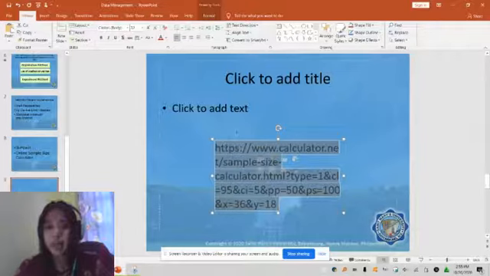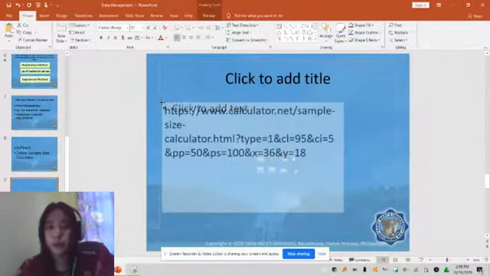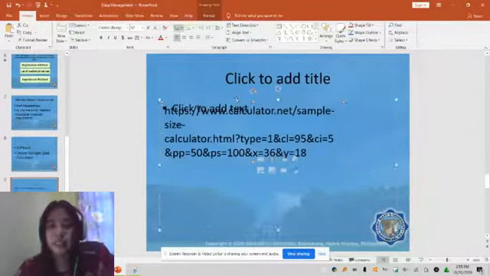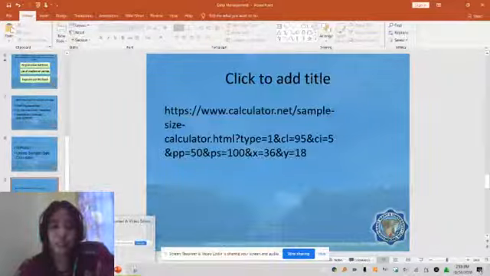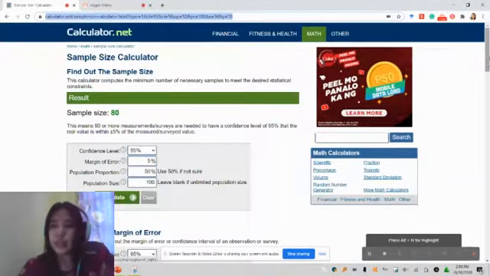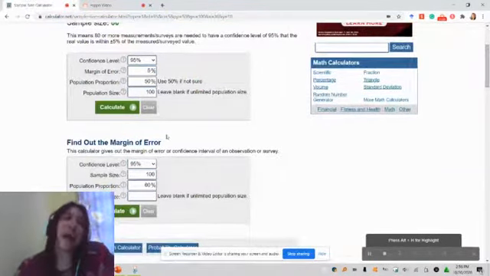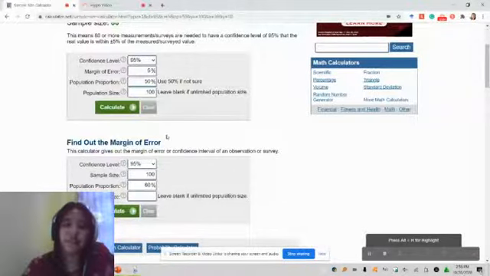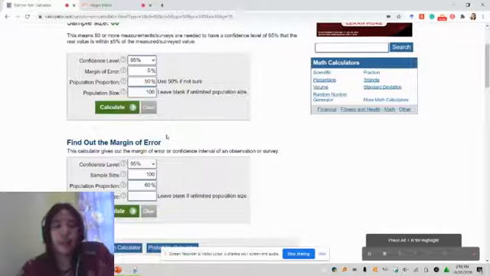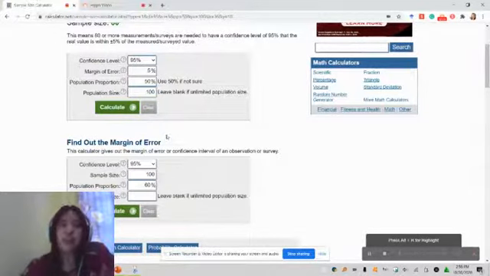You can also open this. This is the online calculator of sample size. Here, you can provide the confidence level, which usually ranges from 95 to 99%. For margin of error, we usually use 1 to 5%.